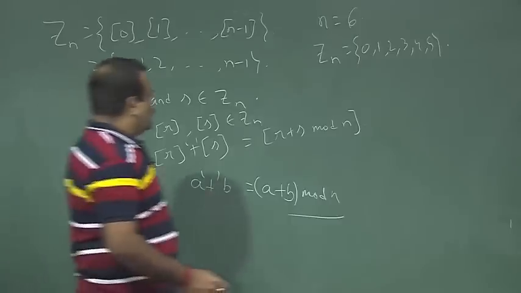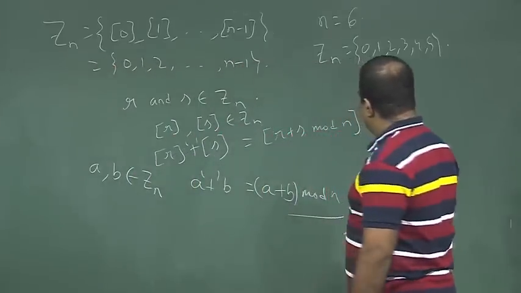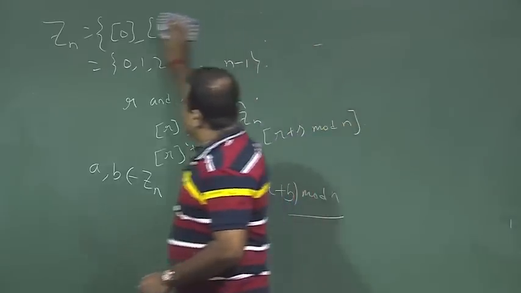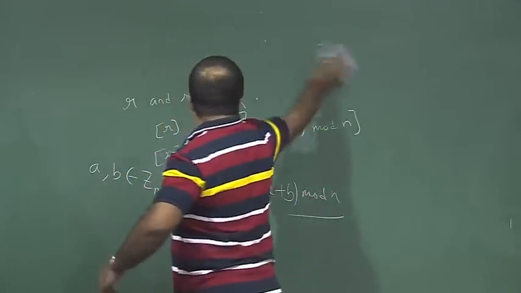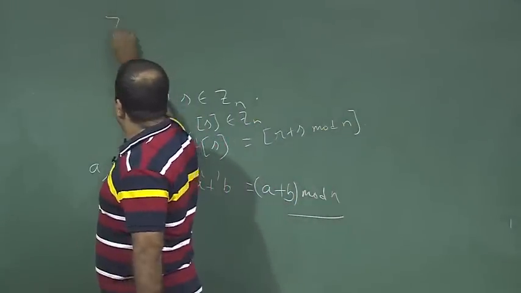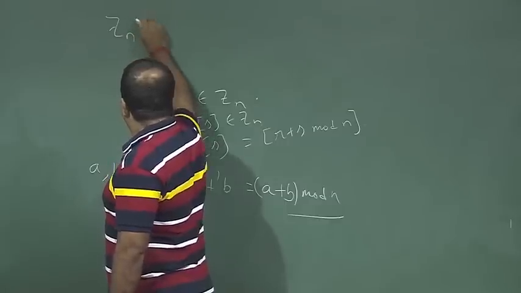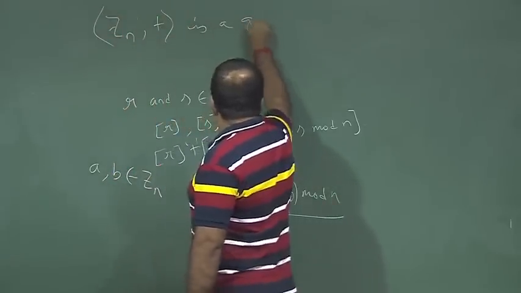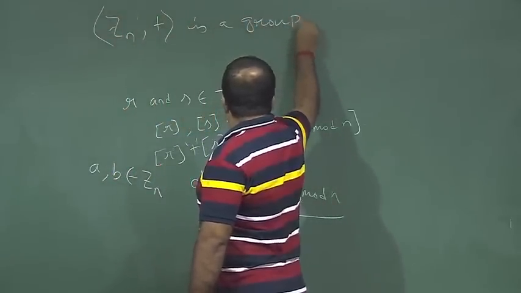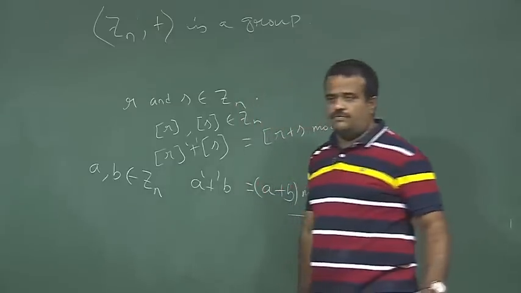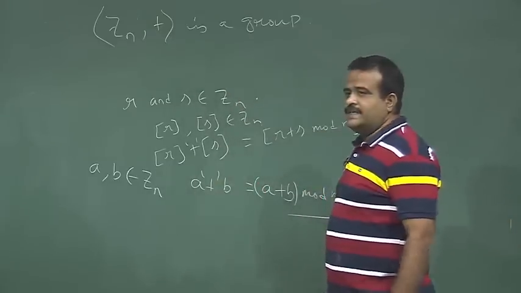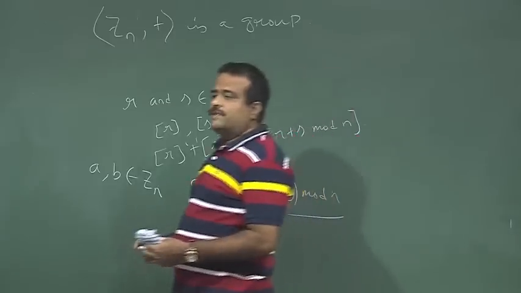So, then we can show that this Zn along with this plus will form a group. Not only a group, it is a cyclic group, and the number of elements is finite. So, this is an example of a finite group.